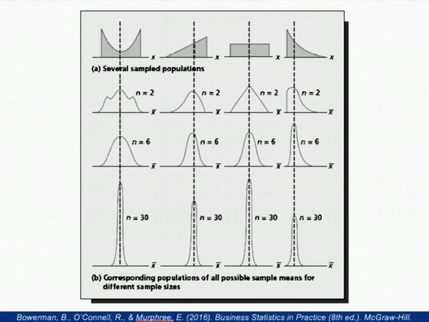Here's again another example of the central limit theorem. If you look at all these graphs, all of these are non-normal and all of these are graphs of values of x. So the population graphs are not normally distributed, and here we have graphs of sampling distributions. So these are graphs of values of x bar, but for increasing sample sizes.